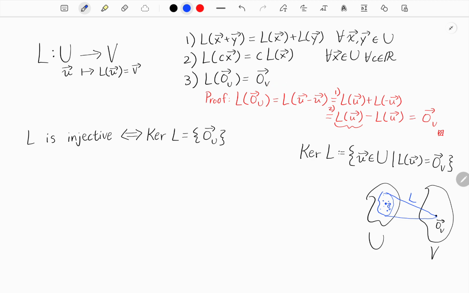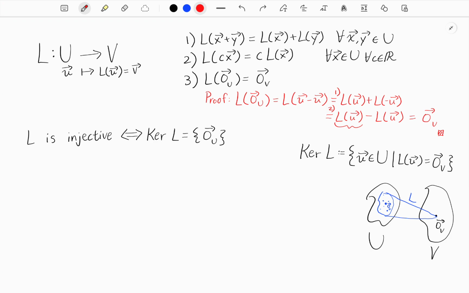But we're saying that if L is injective, then the only thing that is in the kernel of L is 0u. So when L is injective, only 0u gets mapped to 0v.